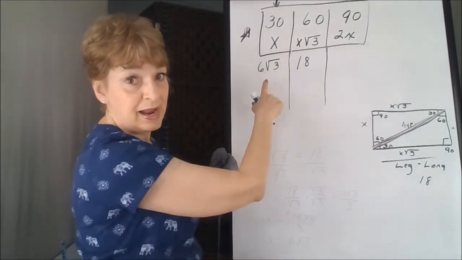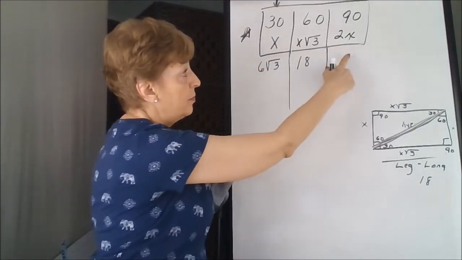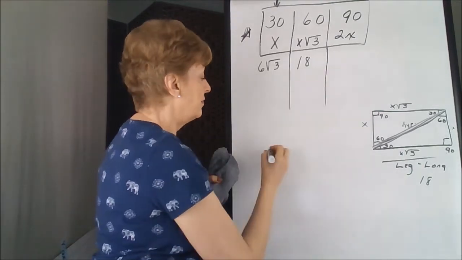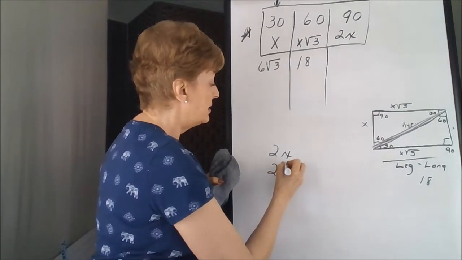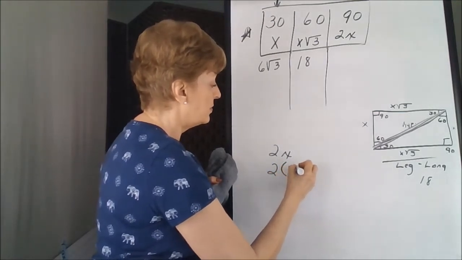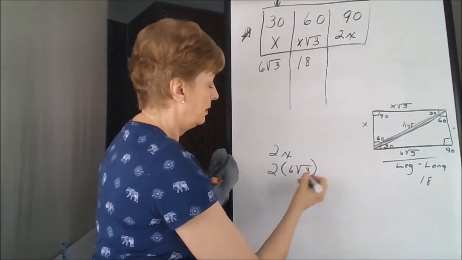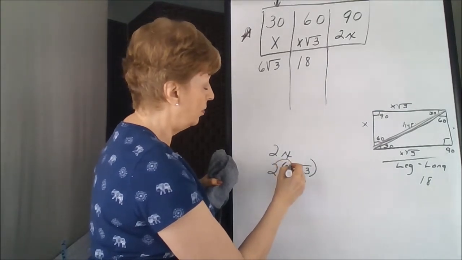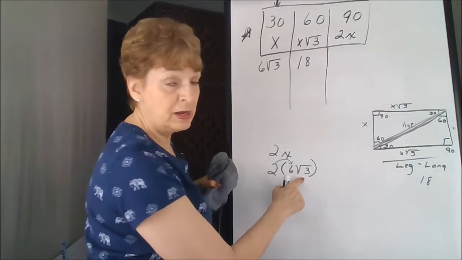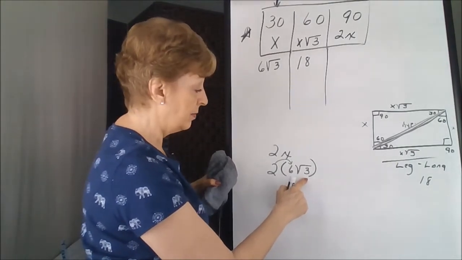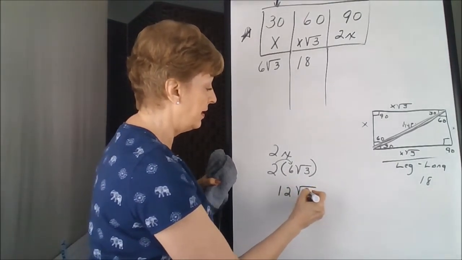Now that we know our x term, we can put it into the 2x and find out what the value is. So this is 2 times the quantity, 6 radical 3. We can multiply whole numbers together. That gives us 12. But we can only multiply radicals together, and we only have 1. So this is just copied down.